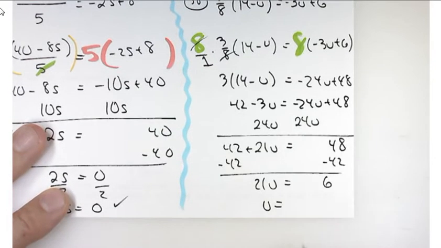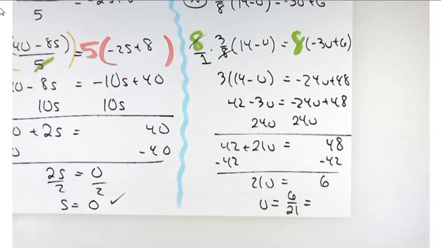What does u equal? 6 over 21. Now, hopefully, you're going to take the time to reduce that and put that in lowest terms. What would that be in lowest terms? 2/7.